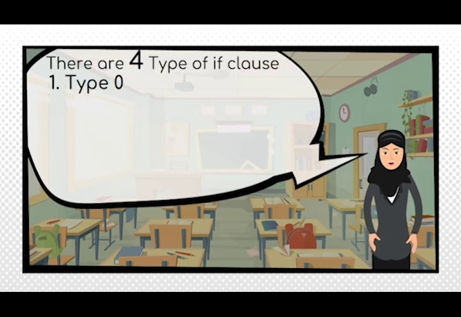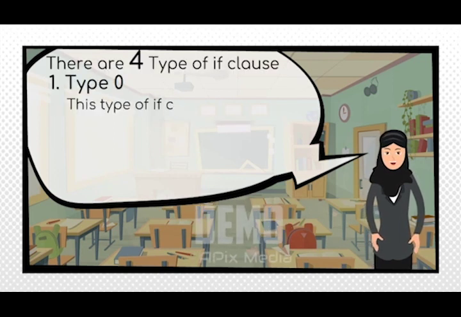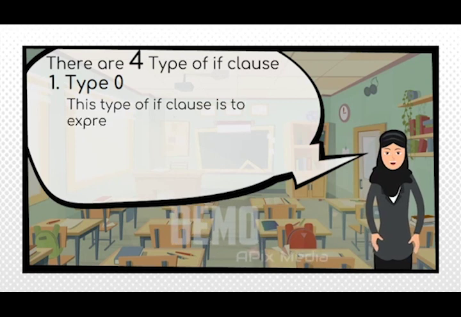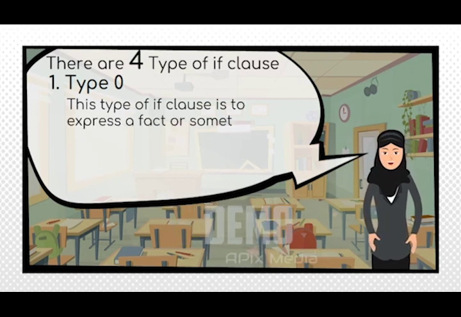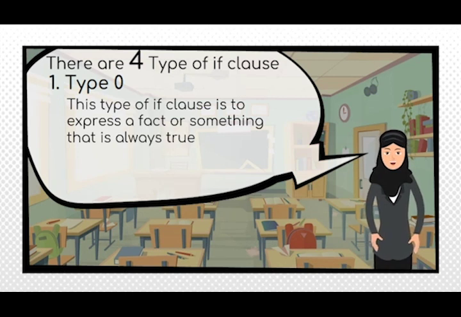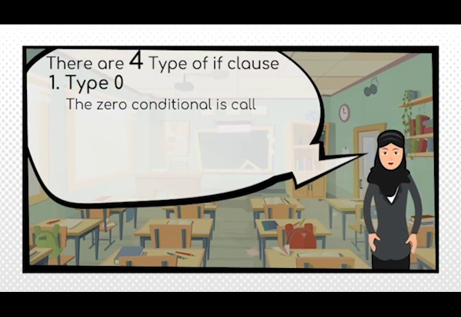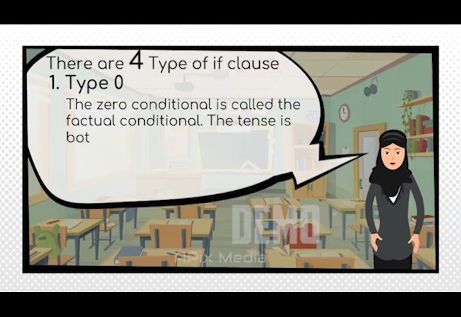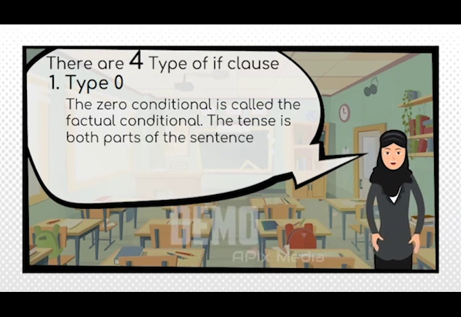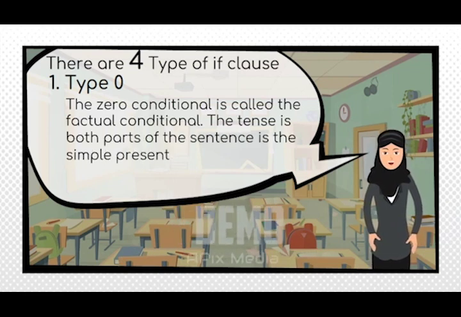The first is type 0. This type of if clause is used to express a fact or something that is always true. The zero conditional is called the factual conditional. The tense in both parts of the sentence is the simple present.